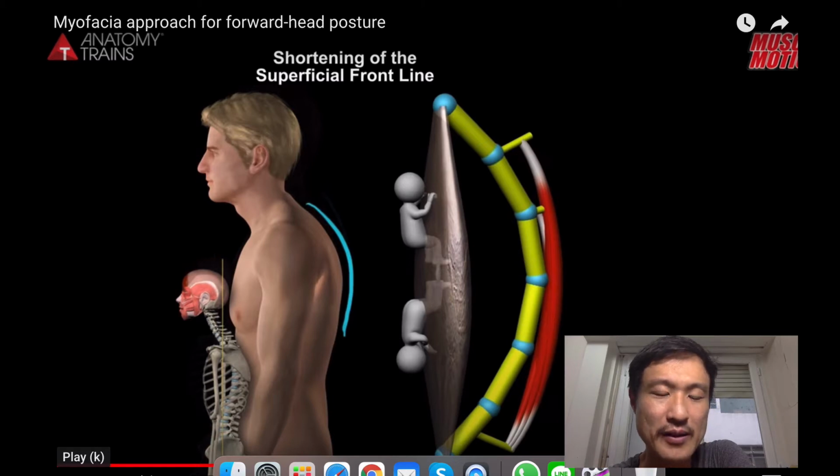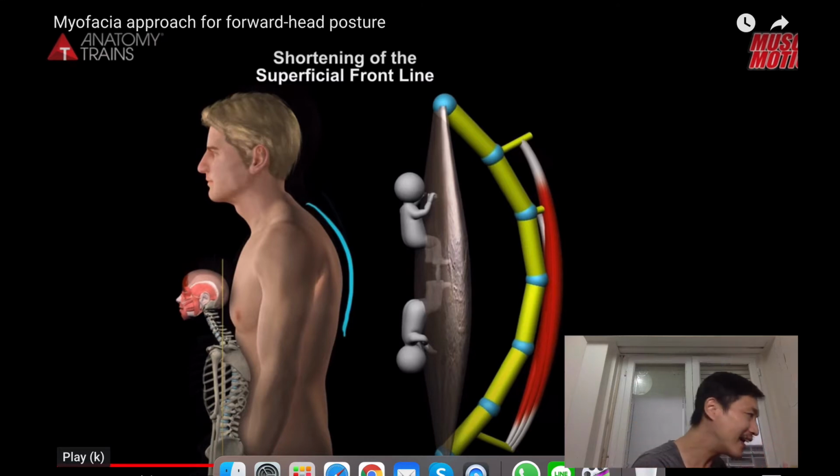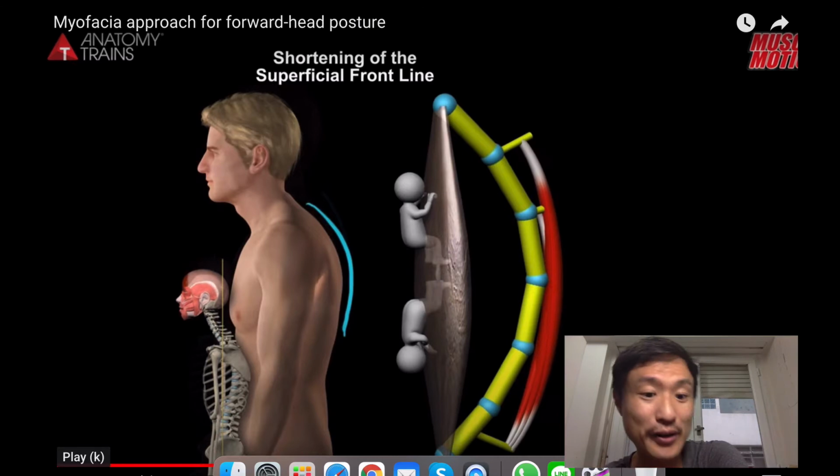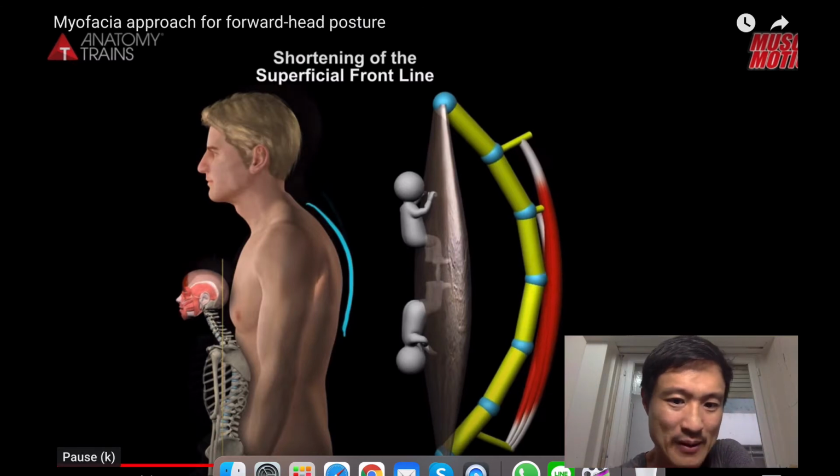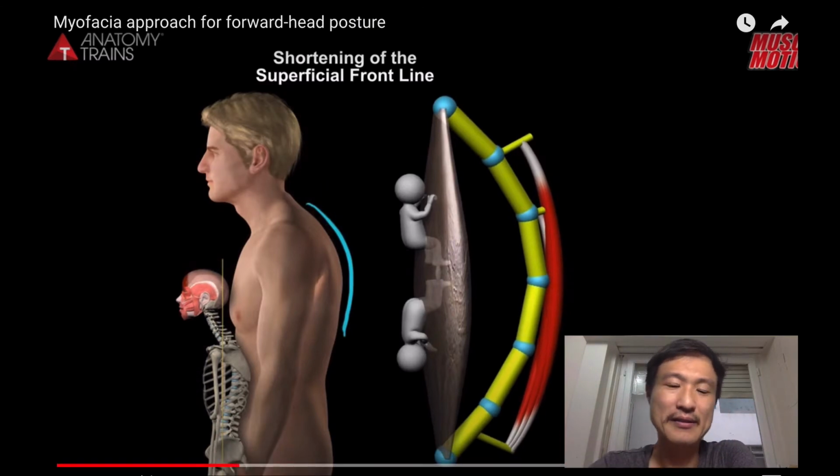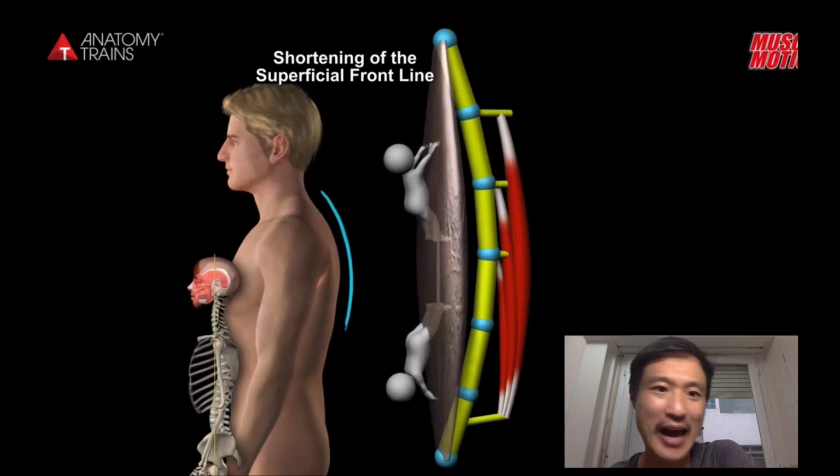So these are the first steps. You got bad posture. Then you got this contracted muscle, which is the second step. Elongation of this muscle is the third step. So this is a sequence of events that's happening.